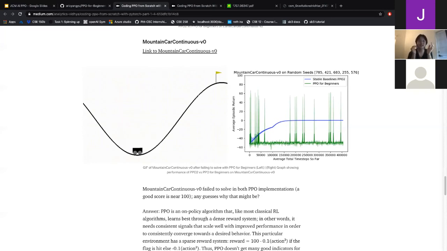If your action is to pick any number between 0 and 1, any decimal, then suddenly you can't use these tabular methods. You can't build a tree off that. Yes, definitely. That's where policy gradient is really useful, it allows you to work with these continuous spaces. Yeah. That makes sense. Thank you.